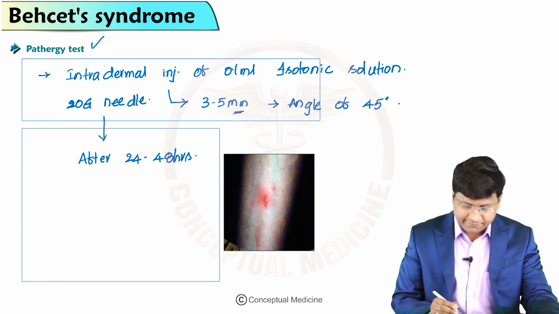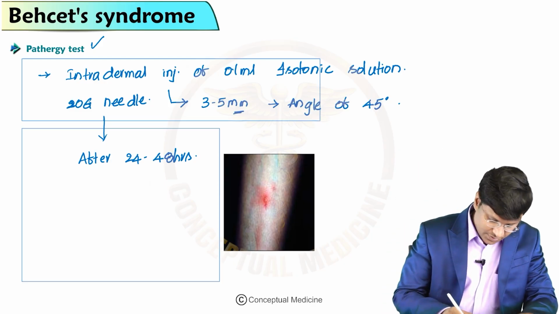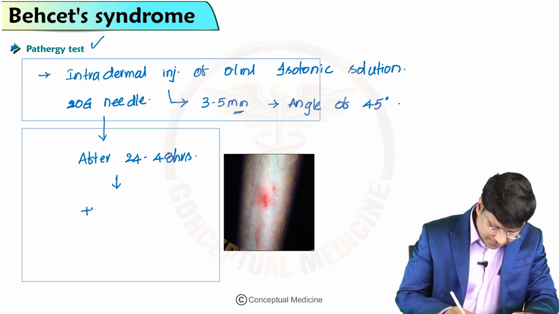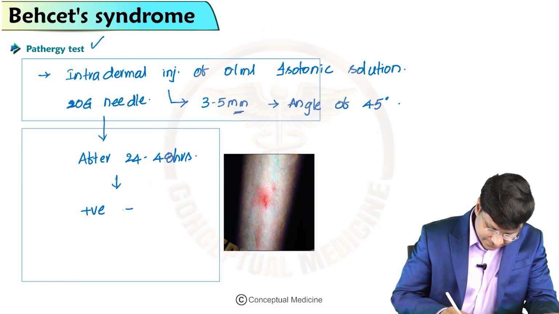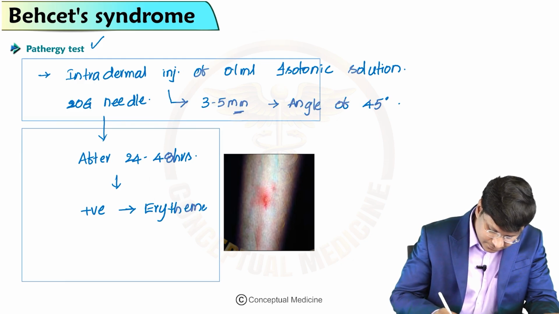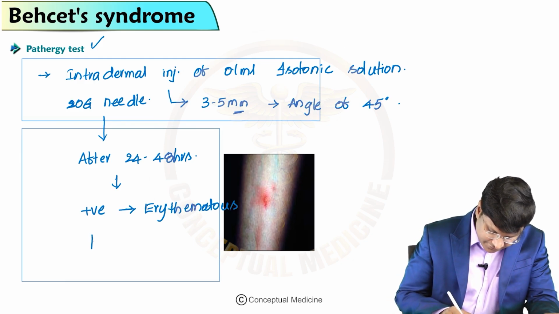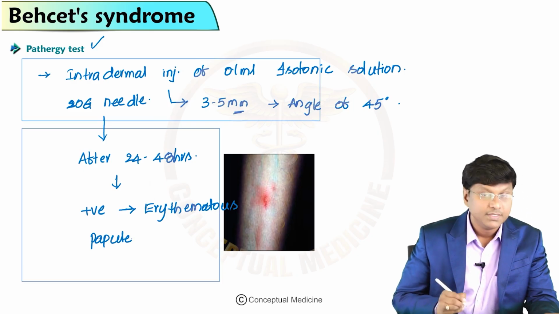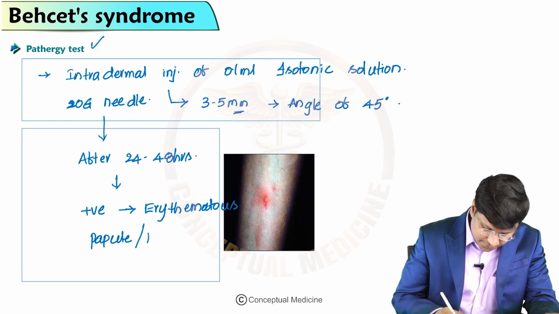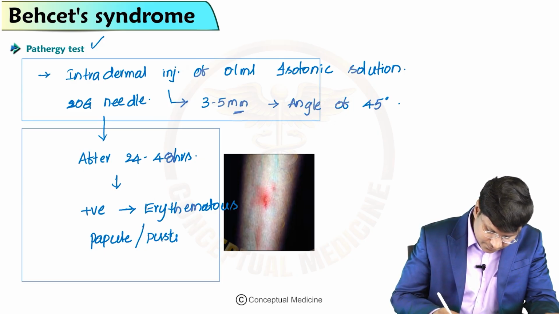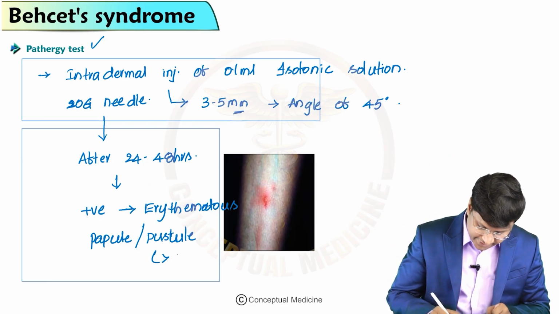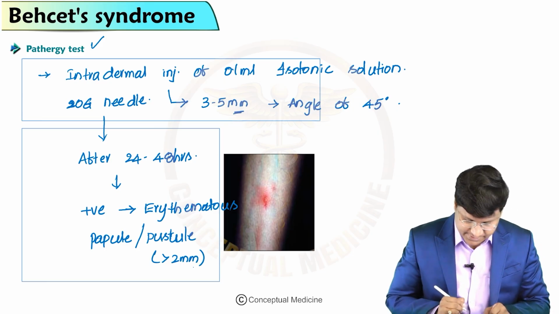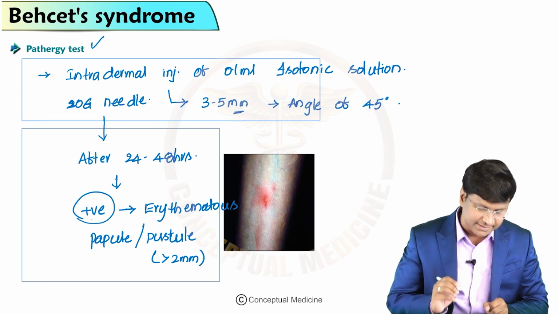Suppose there is development of an erythematous papule or pustule, and this erythematous papule or pustule is more than 2 mm in size, then we consider it as a positive Pathergy test.